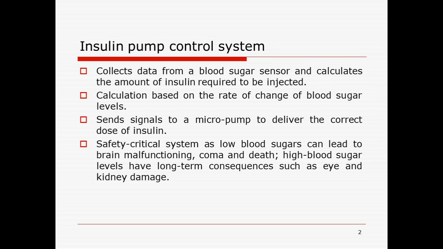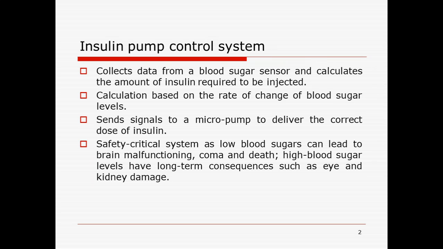This is very essential because the insulin level is something very crucial for people's health. If the insulin dose is high, the glucose level will go down. If the glucose level goes down, in the short run a person may die, because the person may go into a coma and ultimately collapse.